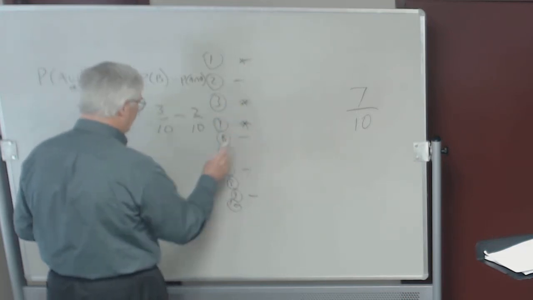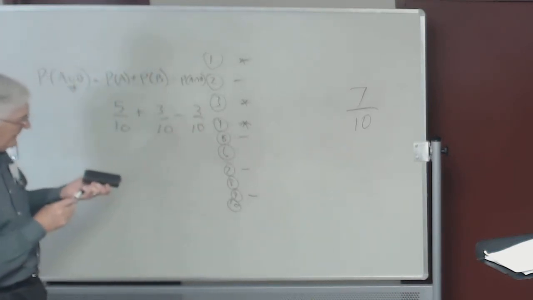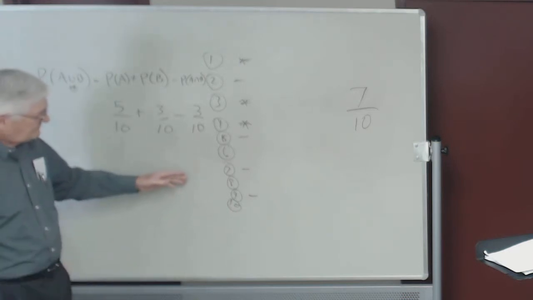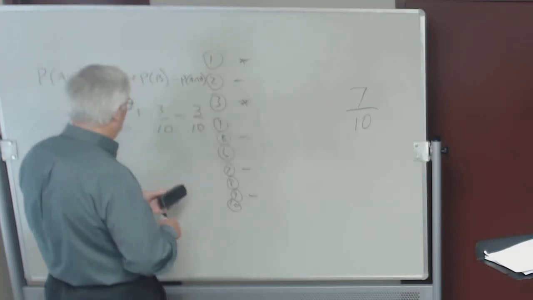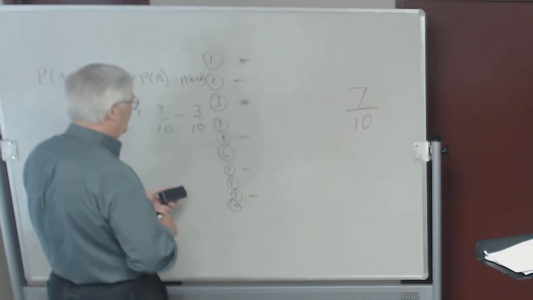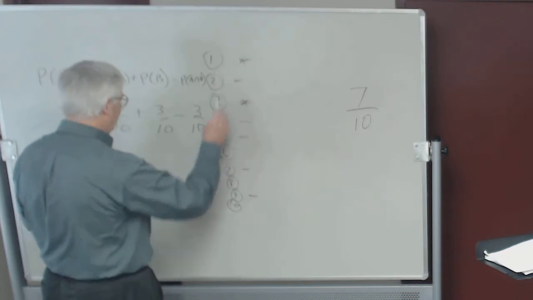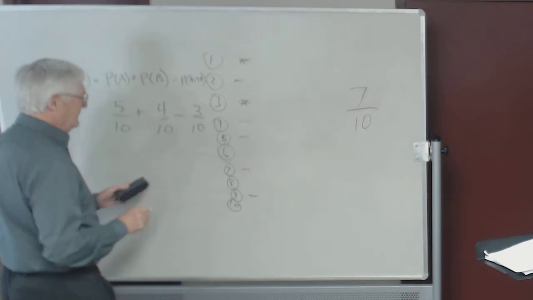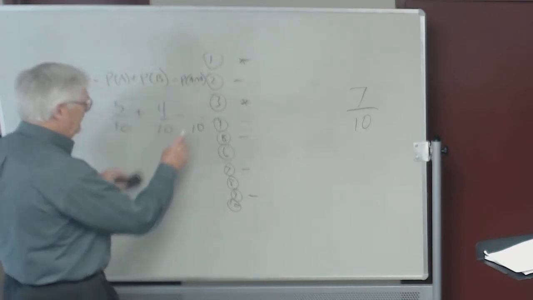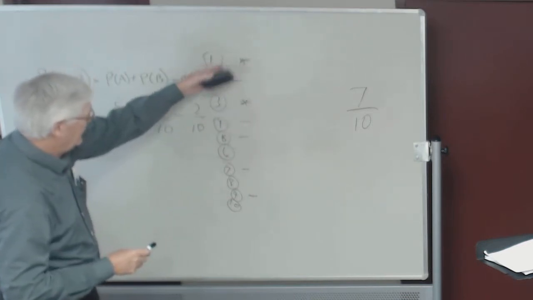So I have minus 3 of them that double up. No, 4 doesn't double up. Four, 3, 2, 1. So that means less than 5, that's 4 out of 10 there, and minus 2 out of 10. The ones that are doubling up.